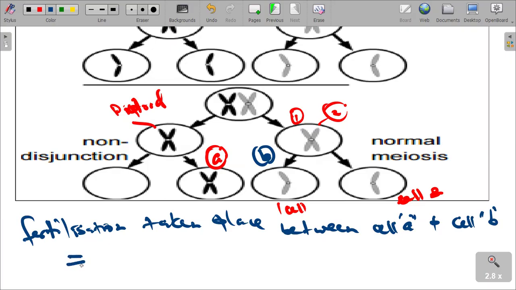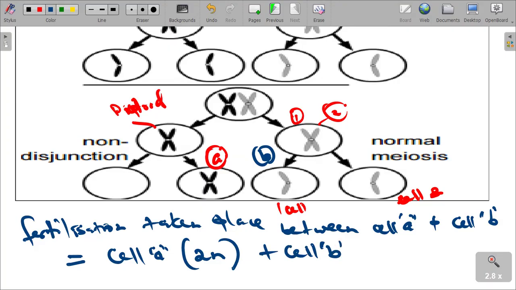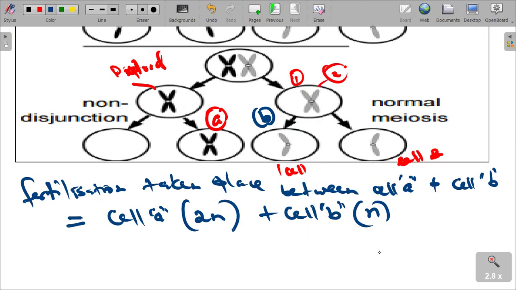what are we going to have? Cell A that you see there is given as 2N, and then it is combining with cell B, which is N. So when fertilization occurs in this respect, we are adding the numbers here, class.